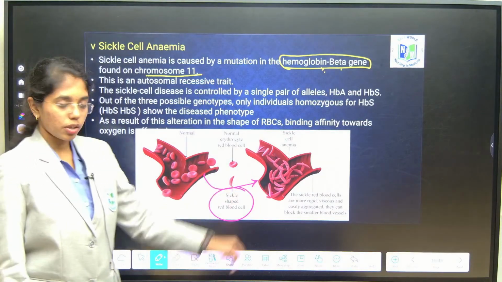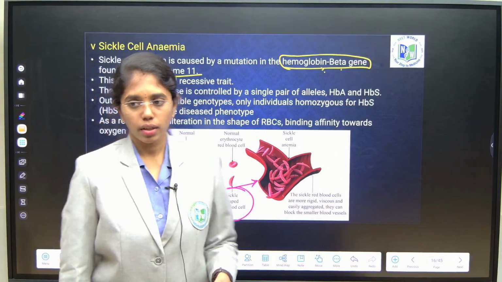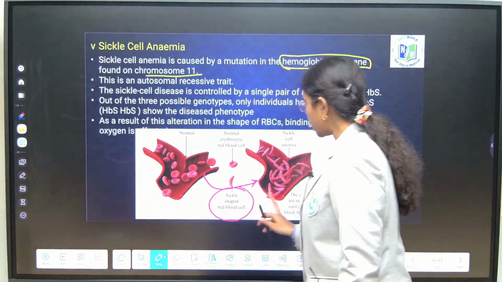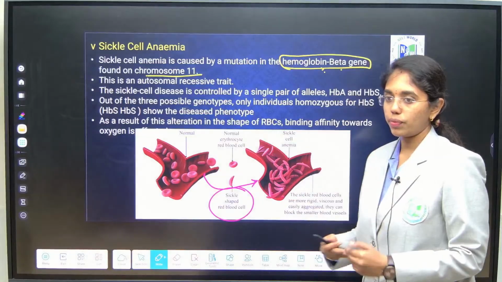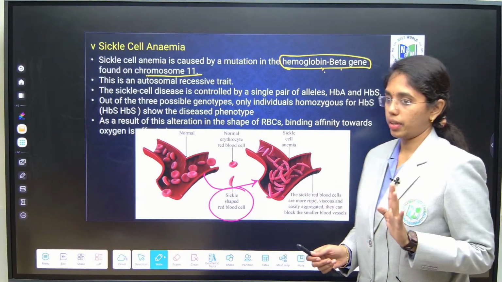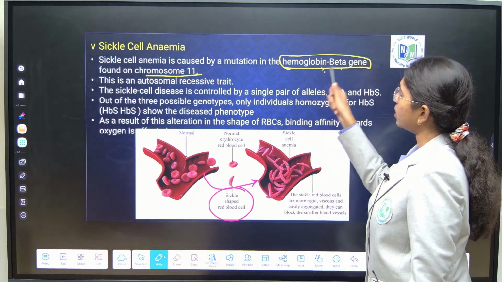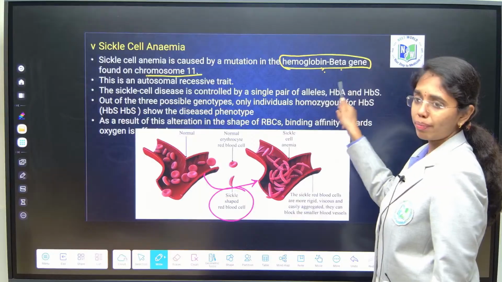Because of this, what is the usual function of RBC? To transport oxygen, right? Because of the change in shape, it cannot associate with oxygen properly, thereby oxygen transport is affected. As we have discussed, the effect is on the hemoglobin beta gene.